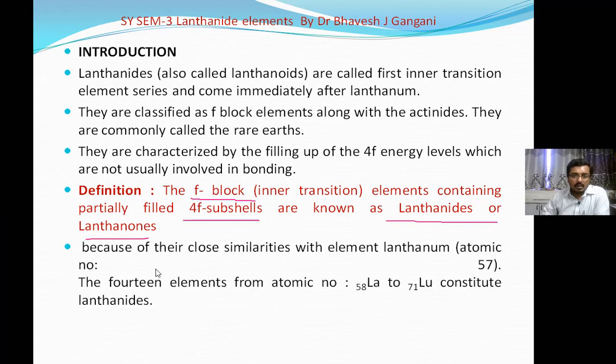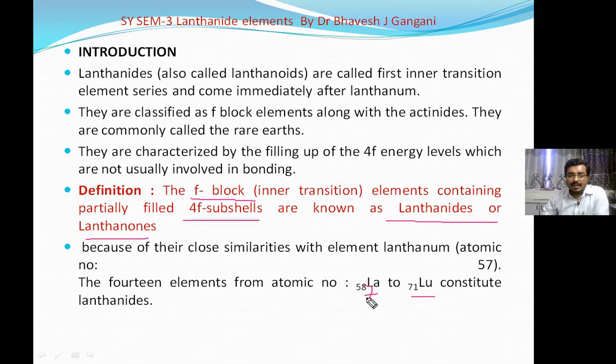Now, these lanthanide elements are 14. The first element of this series is lanthanum, atomic number 57. Here there is a typing mistake: the atomic number of lanthanum is 57. And the last is lutetium, 71.